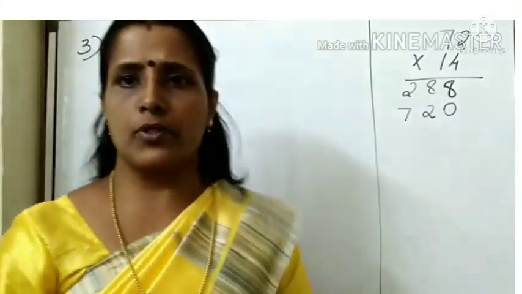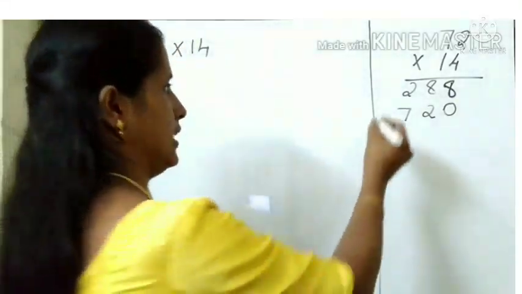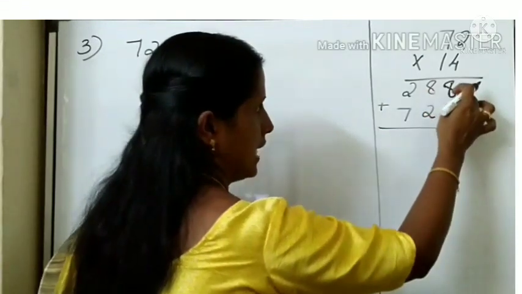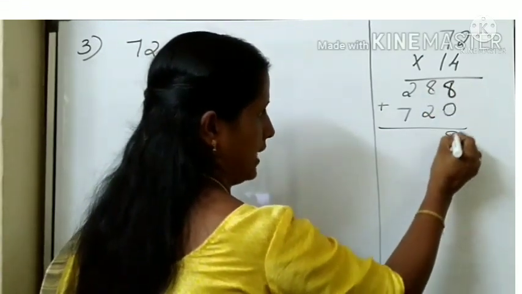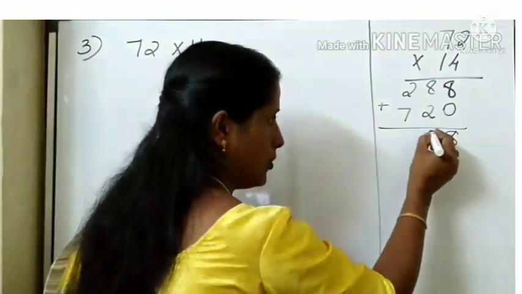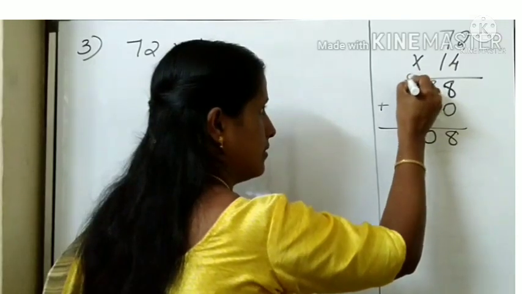What is the next procedure? Yes, addition. So here we have to add these two numbers. 8 plus 0, 8. 8 plus 2, 10. 0 is written here and put the carryover here.